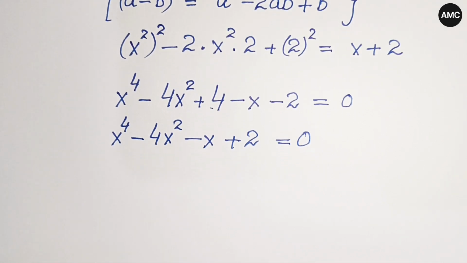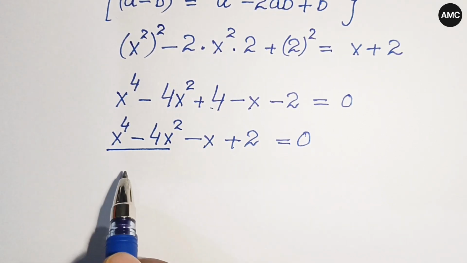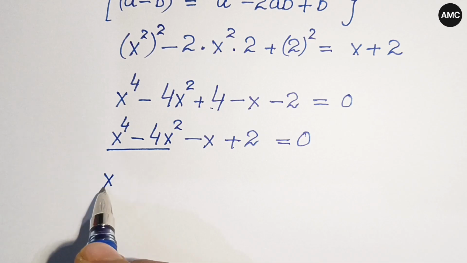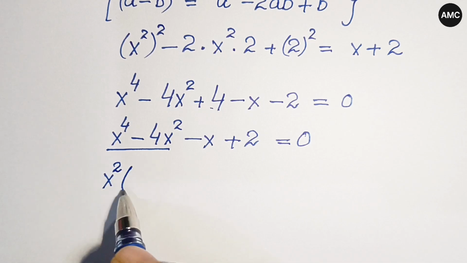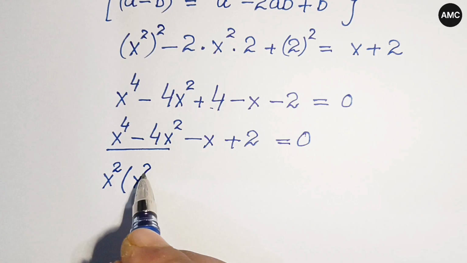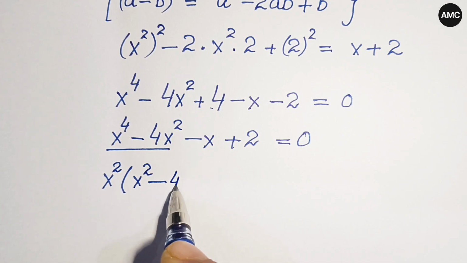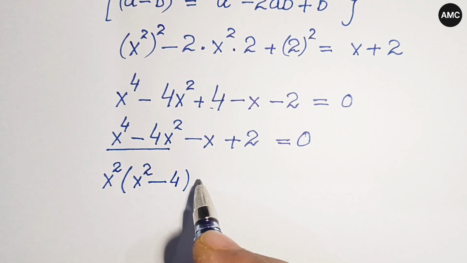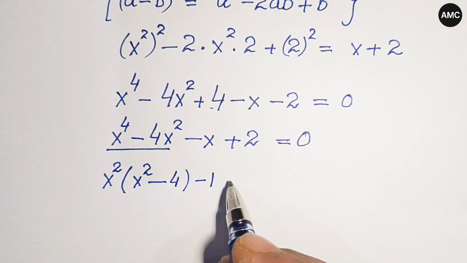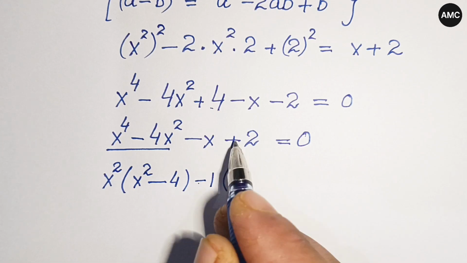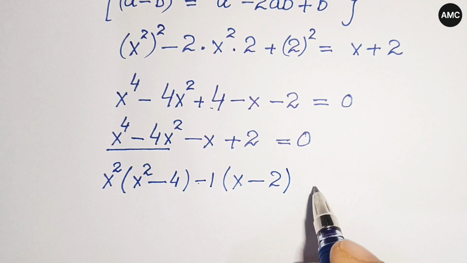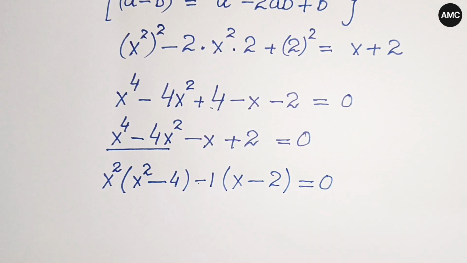Now from this pair, if we take x squared common outside the bracket, we get inside the bracket x squared minus 4, and here if we take minus 1 common, we have x minus 2, is equal to 0.